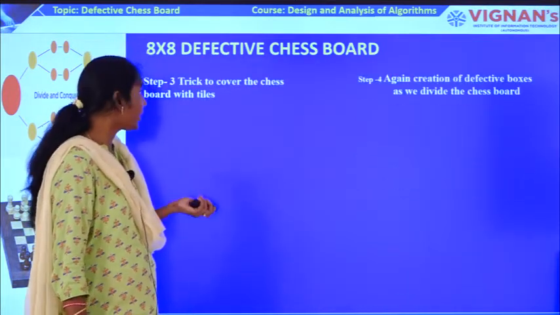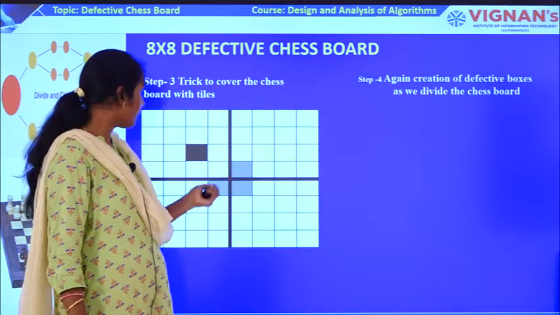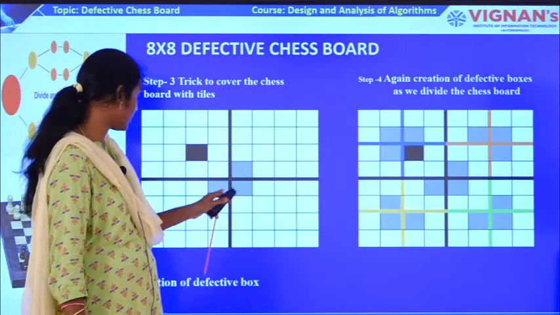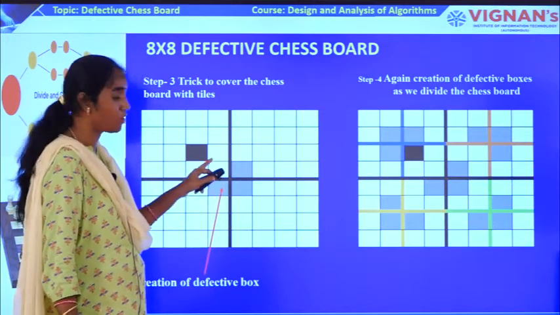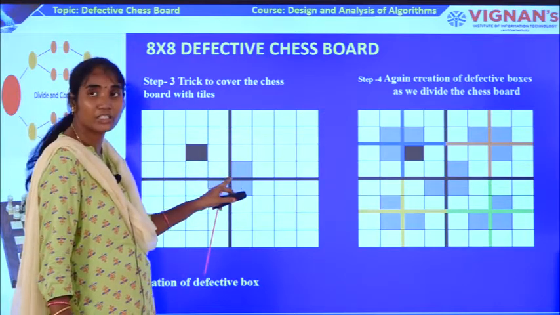Now the trick is to cover the chessboard with tiles. Here is the middle corner. I have to cover this middle corner with a trimino.